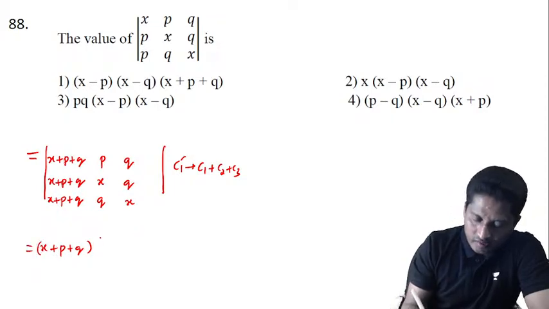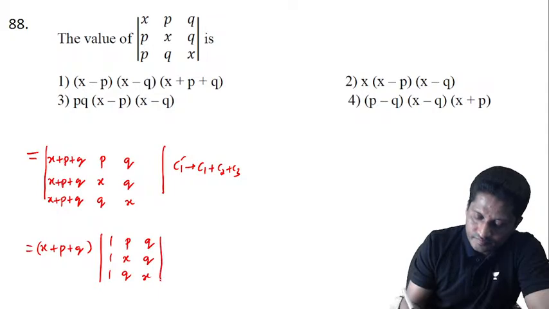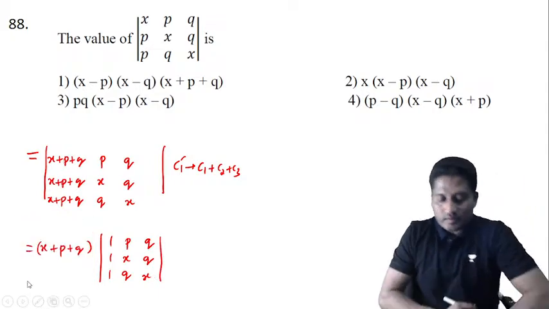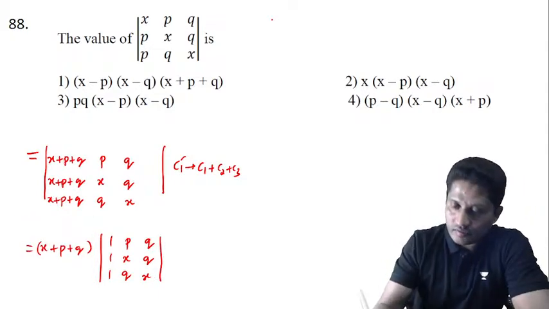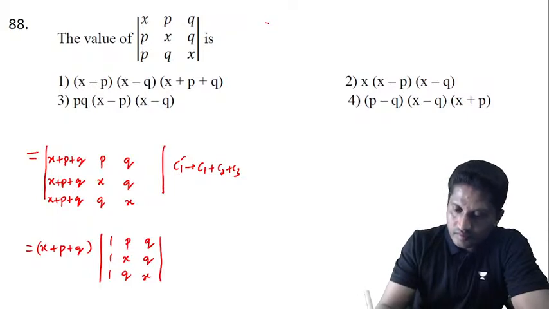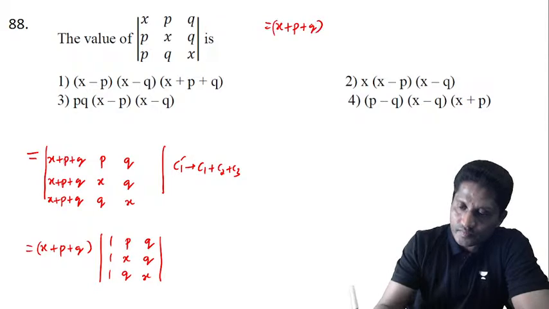Okay, and then this is equal to the determinant of 1 1 1. This is p x q and this is q q x. Now this is equal to x plus p plus q into the determinant of, keeping the first column as it is, 1 p q.